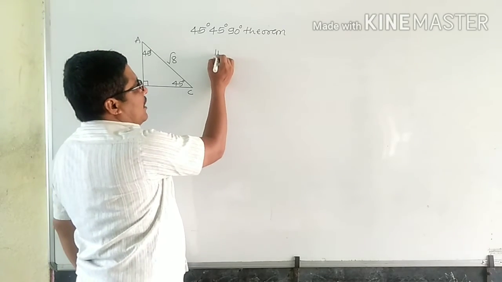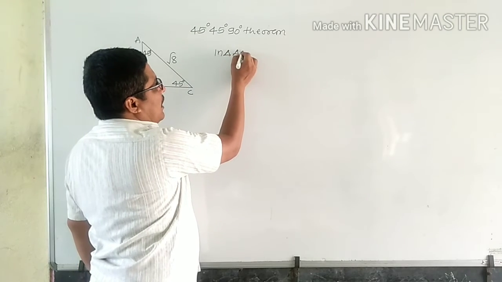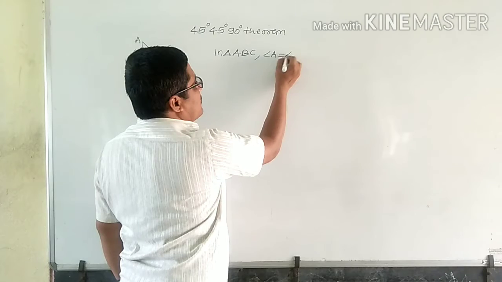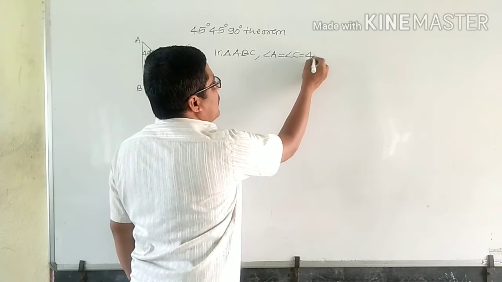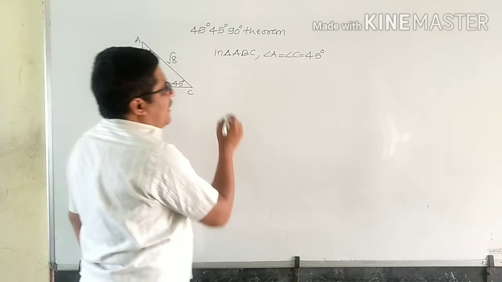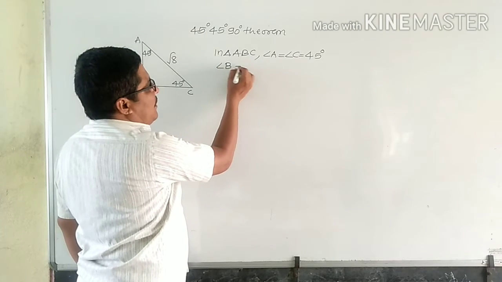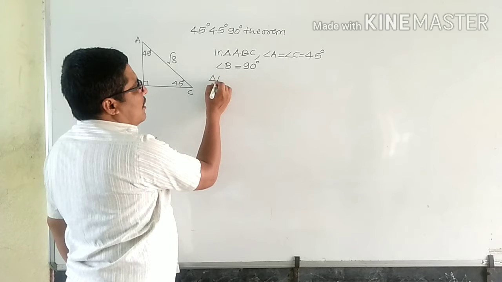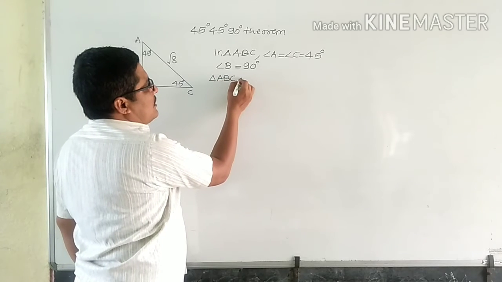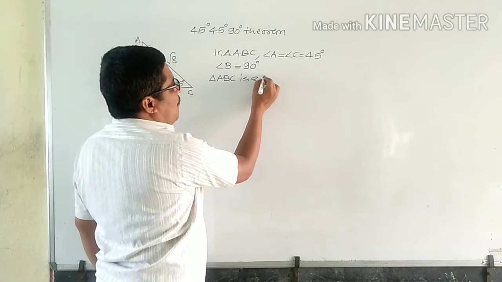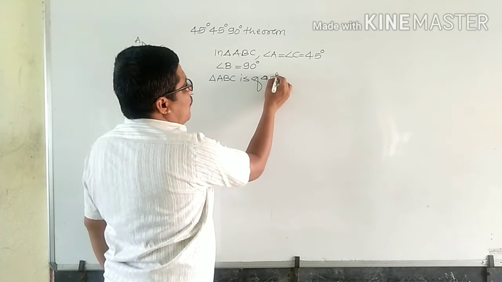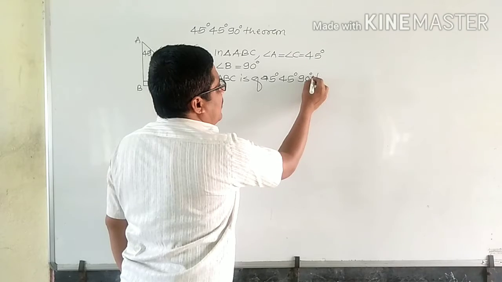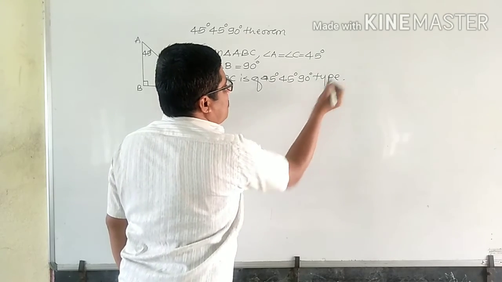So in triangle ABC, angle A is equal to angle C is equal to 45 degree, angle B is equal to 90 degree. Therefore triangle ABC is of 45, 45, 90 type.